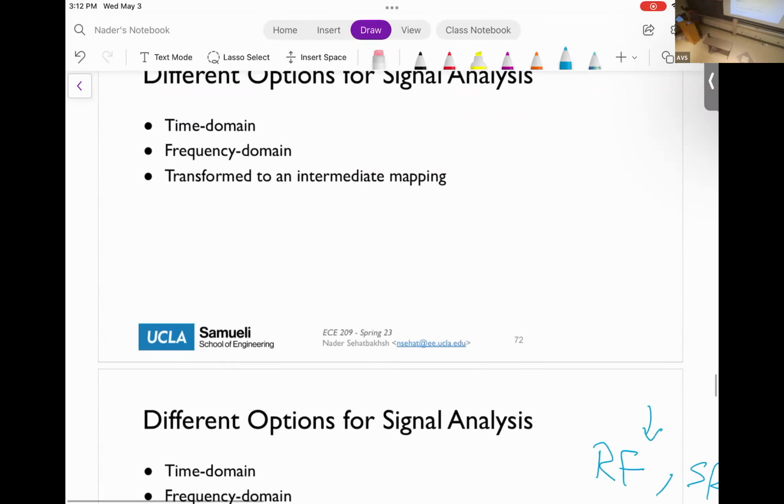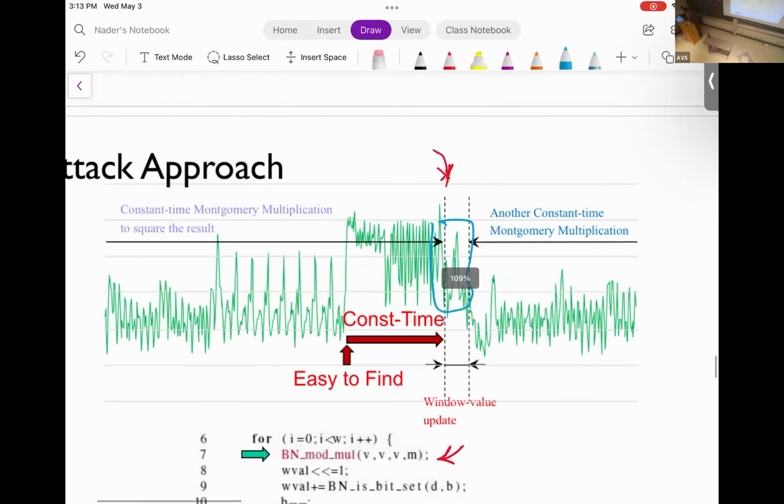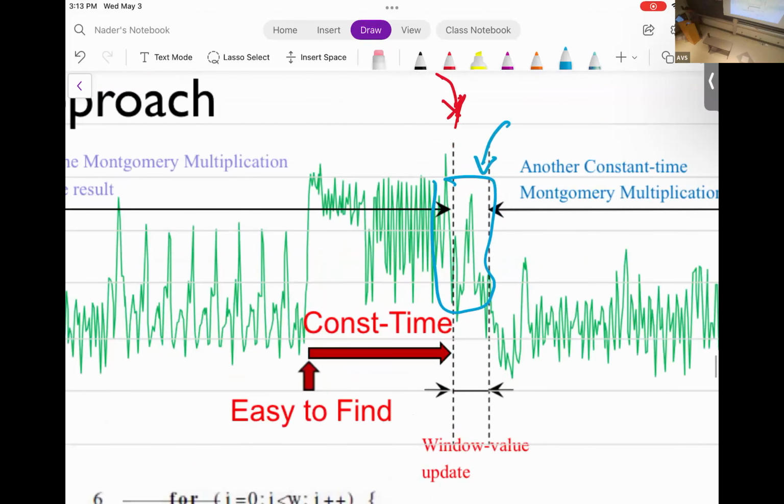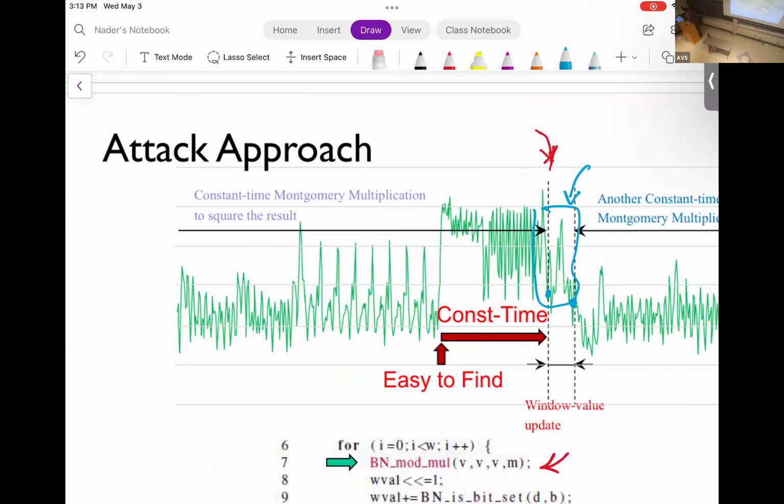For example, if you go back here, you see that they're looking at this part of the signal, but to find the correct beginning and end, they found that from this point to this point, there is a constant time, okay? They cannot really find this point, but they can find this point, because this point is really simple. They can run some thresholding or filtering to find this big jump, okay?